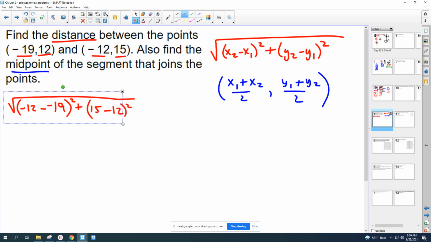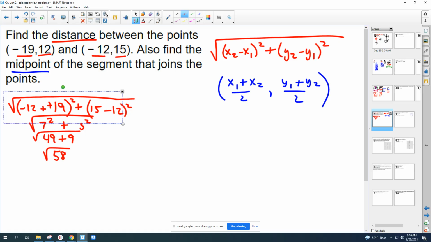All right, so negative 12 plus 19, that's going to be 7. We've got 7 squared plus 15 minus 12 is 3 squared. Looks like that. All right, that's 49 plus 9 is 58. We're talking about the square root of 58.